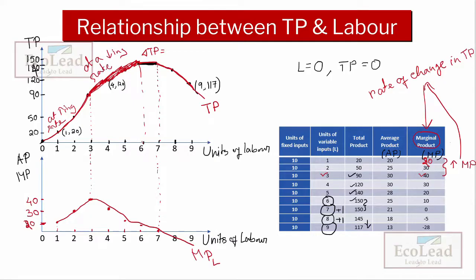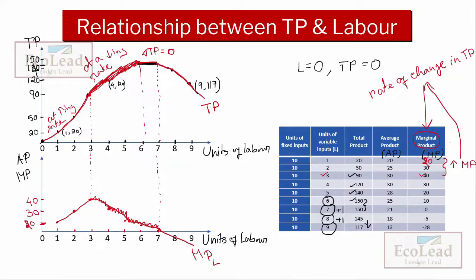Since it is increasing at a decreasing rate, the rate of change of total product is reflected by the marginal product. This is the area where the marginal product has decreased, and correspondingly the total product curve has increased but at a decreasing rate. So this is how the total product is related to the marginal product.